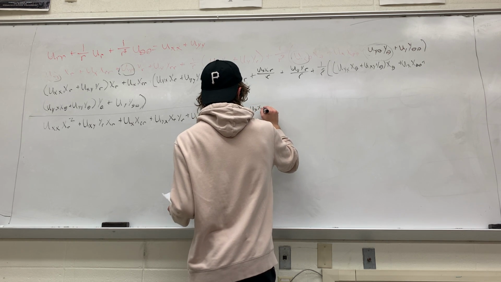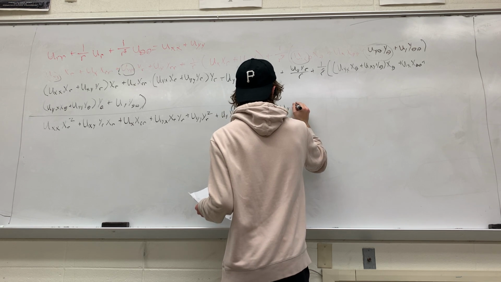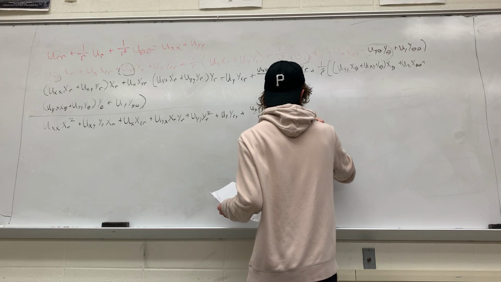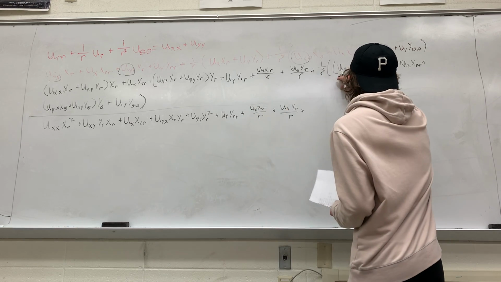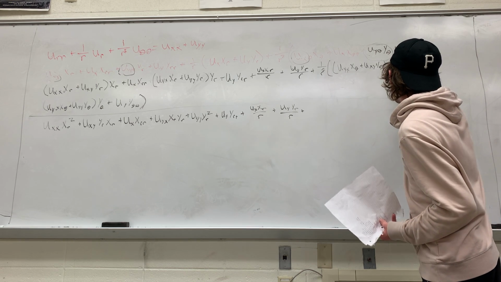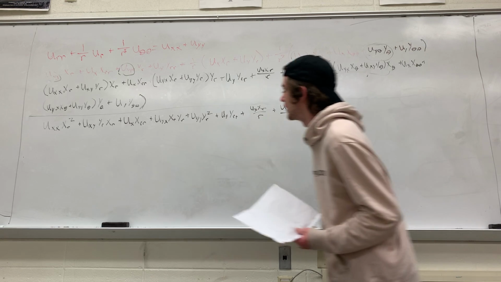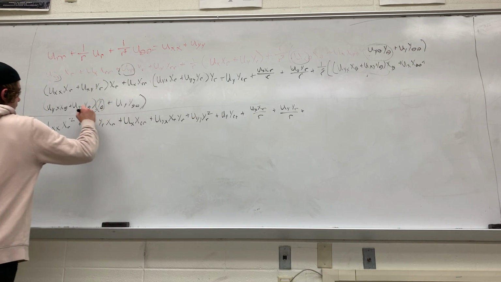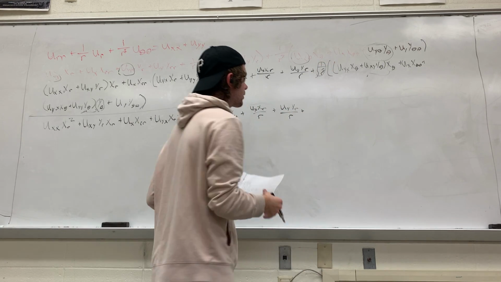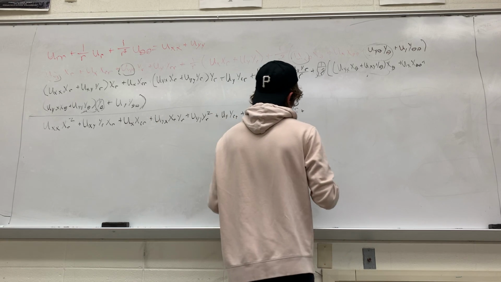Plus U_x x_r over r plus U_y y_r over r plus, and now it's going to be a little complicated, but I'm going to multiply x theta out to this and y theta over here out to this, while also multiplying out the 1 over r squared, just to speed things up.